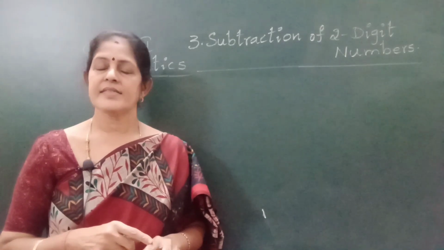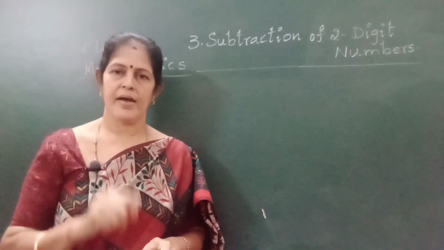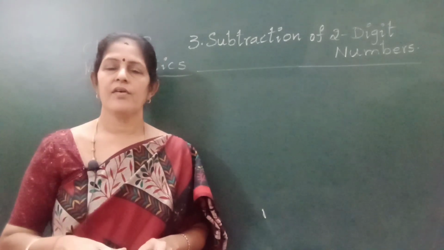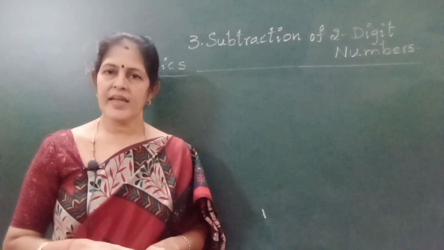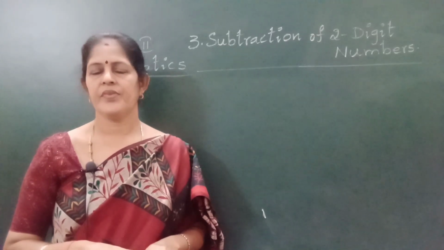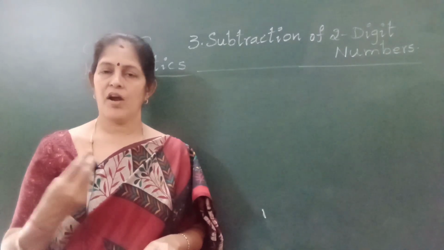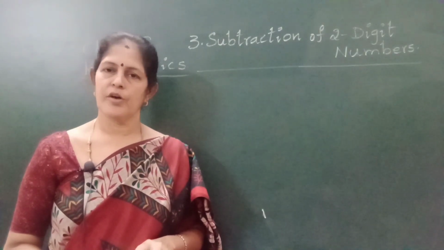Next, subtraction of 1-digit number from 3-digit number, 2-digit number from 3-digit number without regrouping. Next, verifying subtraction using addition. Verifying means we check whether our answer is correct or wrong. Next one, word problems.